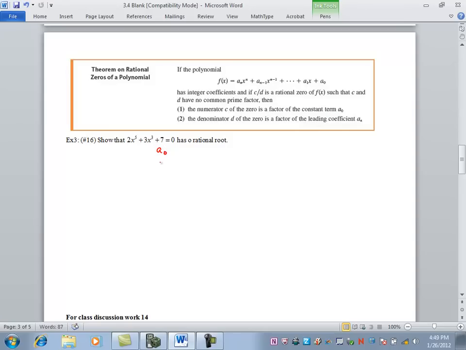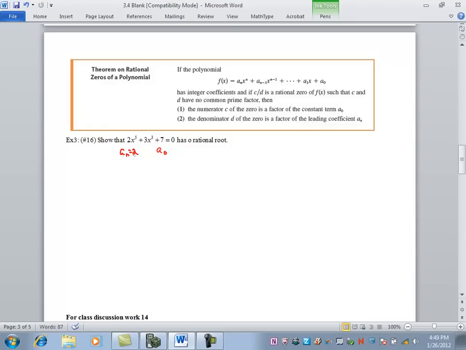So right there is my a sub naught. And the denominator d of the zero is a factor of the leading coefficient a sub n. So here's my a sub n. It's equal to 2 in this particular problem.